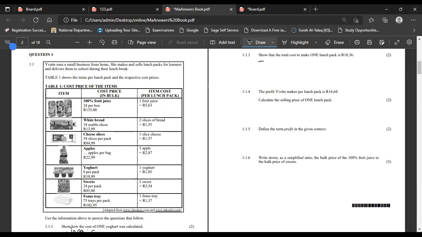So we shall take the cost for one juice, which is 5 rands 63 cents, plus 1 rand 55 cents, plus 1 rand 57 cents, plus 2 rands 87 cents, plus 1 rand 83 cents, plus 3 rands 54 cents, and plus 1 rand 37 cents. Indeed, you will get the money as 18 rands 36 cents.